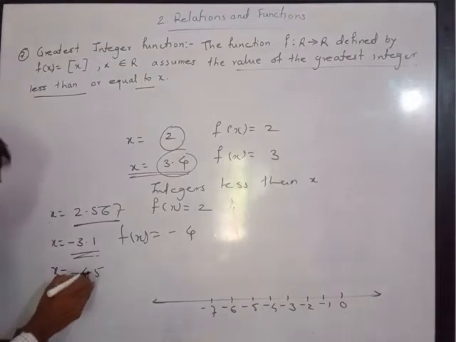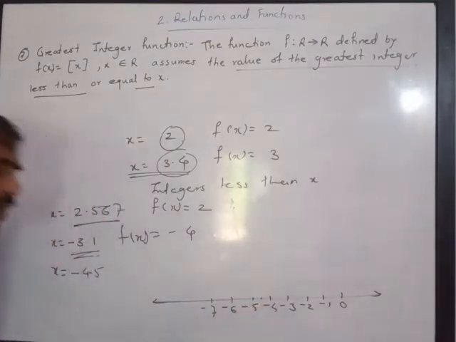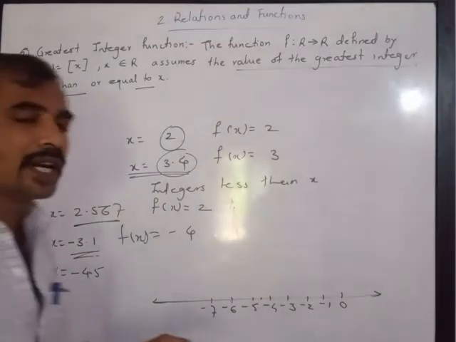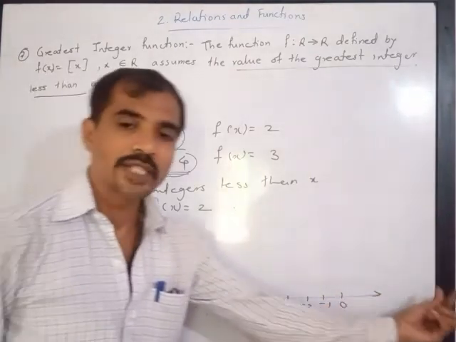Now integers which are less than -4.5. The -4.5 is here. We have already studied while studying the number line that the numbers to the left side are smaller, numbers to the right side are bigger.